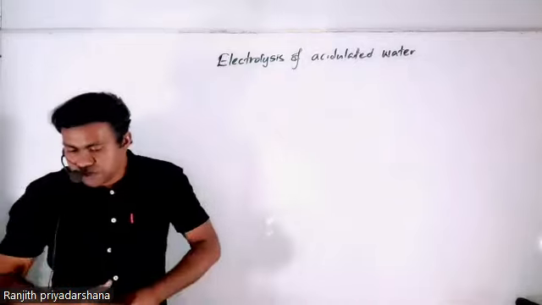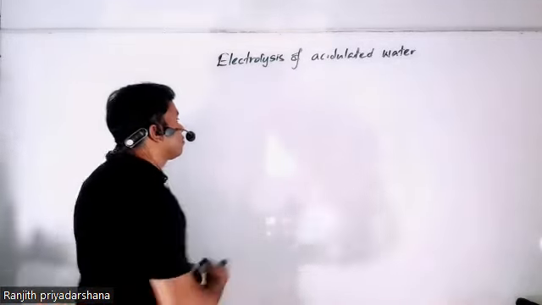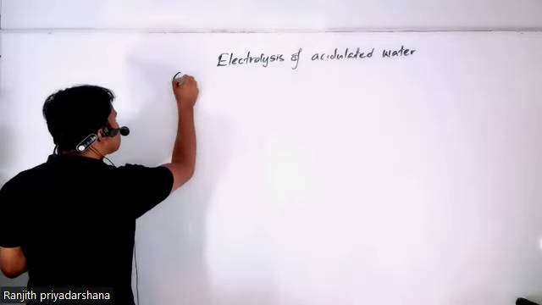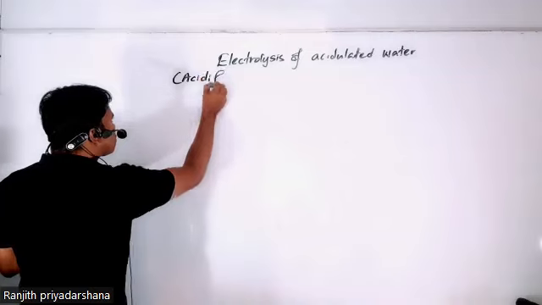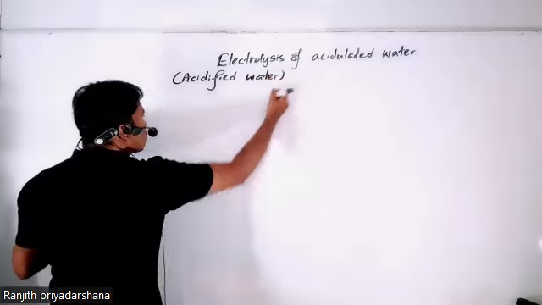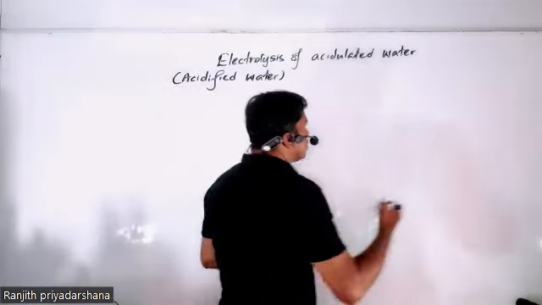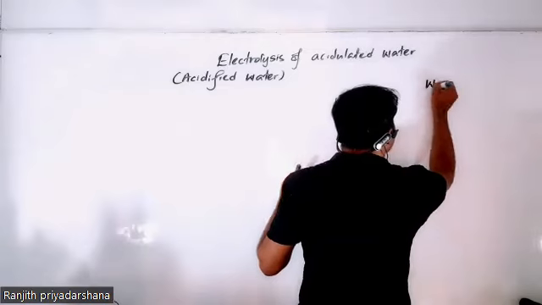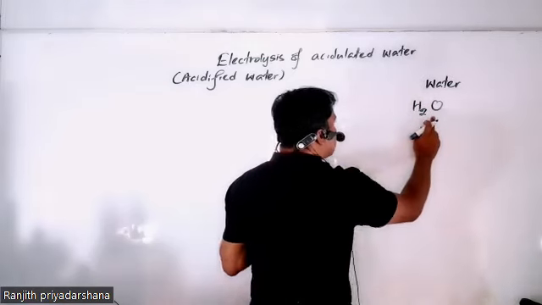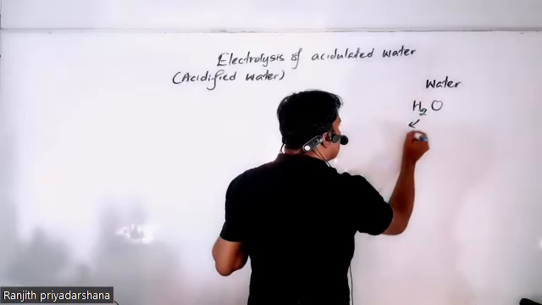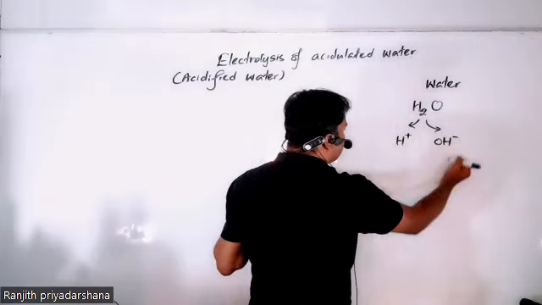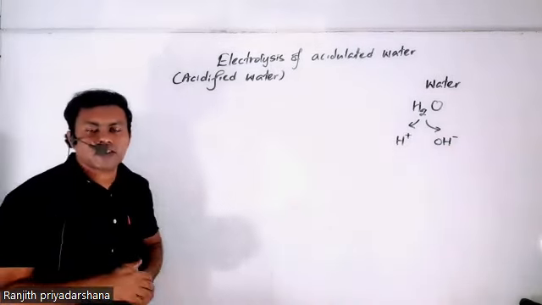Acidulated water means acidified water. You know that water is H2O. It consists of H plus ions and hydroxyl ions. H plus ions and hydroxyl ions.